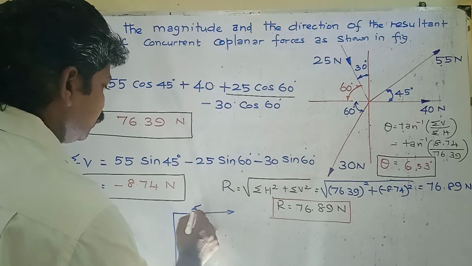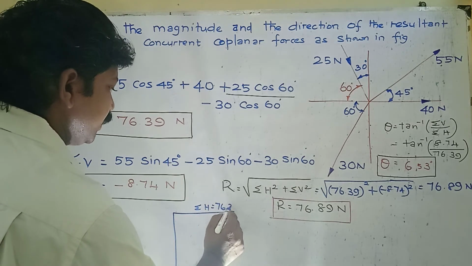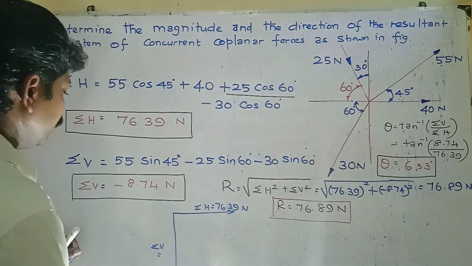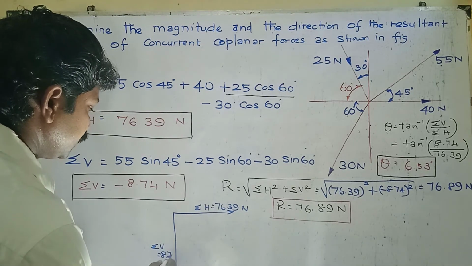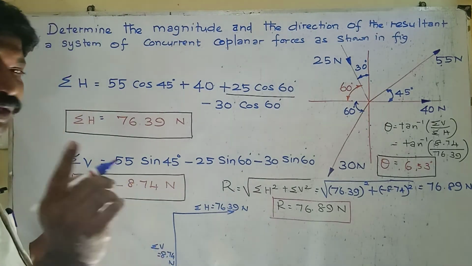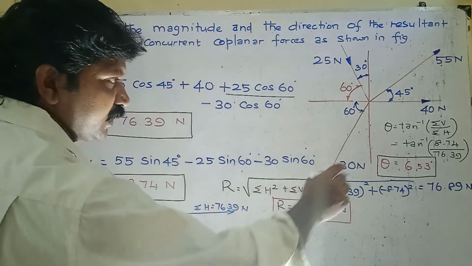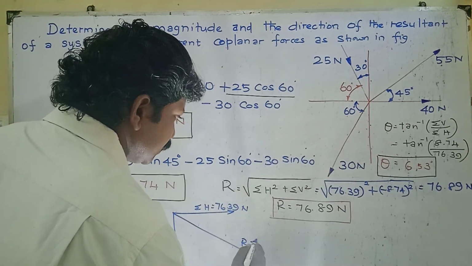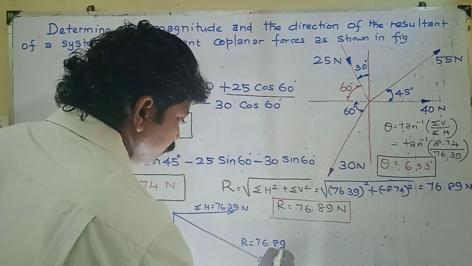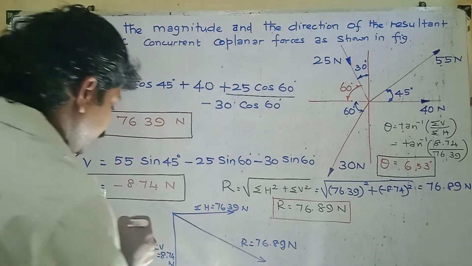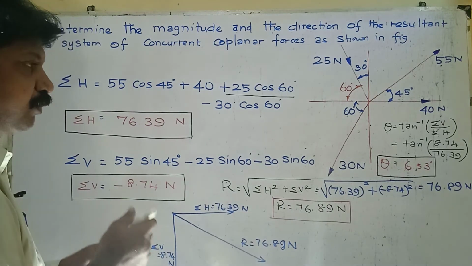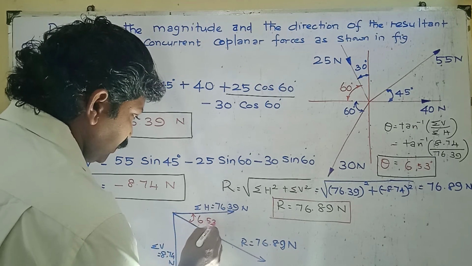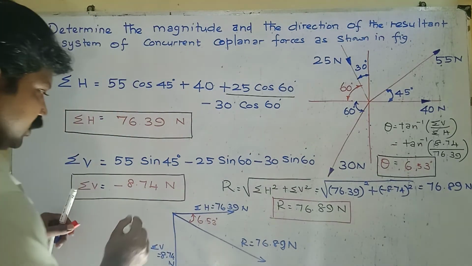Sigma H equal to 76.39 Newton, sigma V equal to 8.74 Newton, R equal to 76.89 Newton at inclination 6.53 degree with the x-axis. This is our resultant diagram.